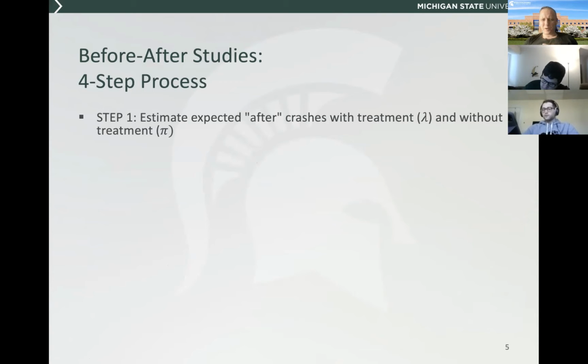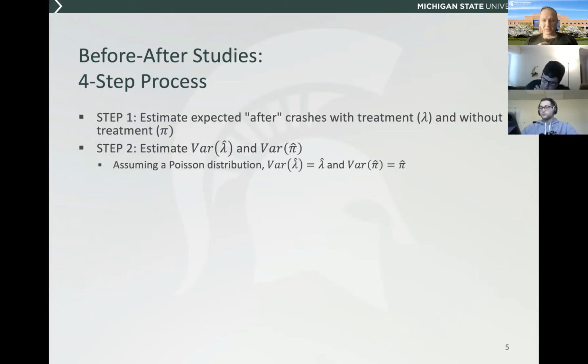But the first step in the process is to estimate how many crashes we'd expect to see during that after period, the post-implementation period, if the treatment had been applied versus it not having been applied. And so in our case, that's real simple. We're just collecting crash data for those before and after periods. And then in addition to estimating those mean numbers of crashes or the expected numbers of crashes, we're also interested in the variances. And as it turns out, we can use the properties of the Poisson distribution.